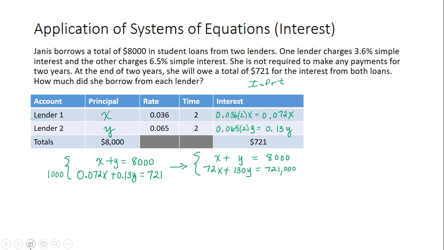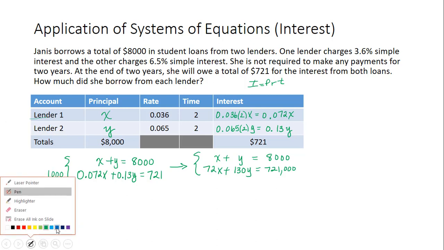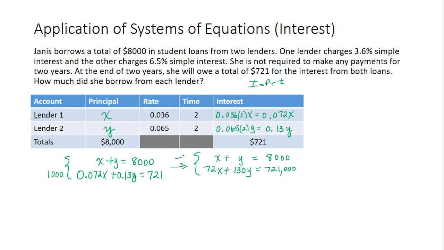So if we multiply that first equation by negative 72, we would get negative 72x minus 72y, and then negative 72 times 8,000 is negative 576 thousand.